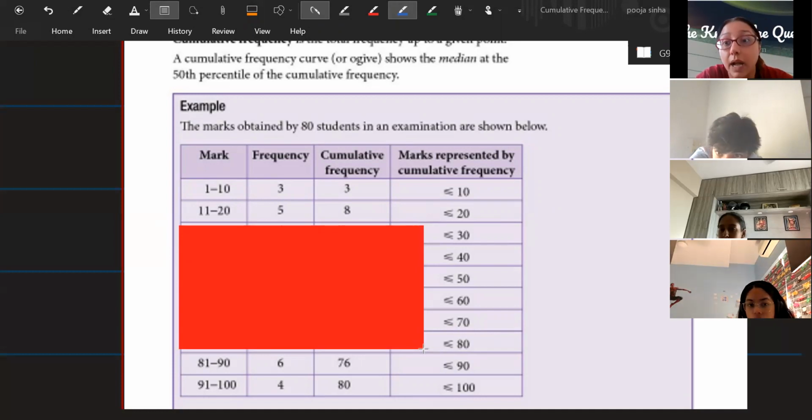Up to 11 to 20. So instead of asking it in this way, can I say, what is the total frequency less than 20? For marks less than 20. So what will you say? Total frequency for marks less than 20. 8. It is 8. Are you getting me?